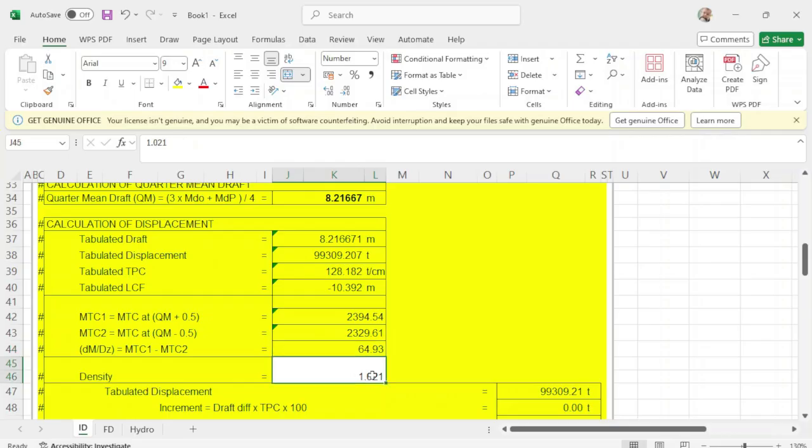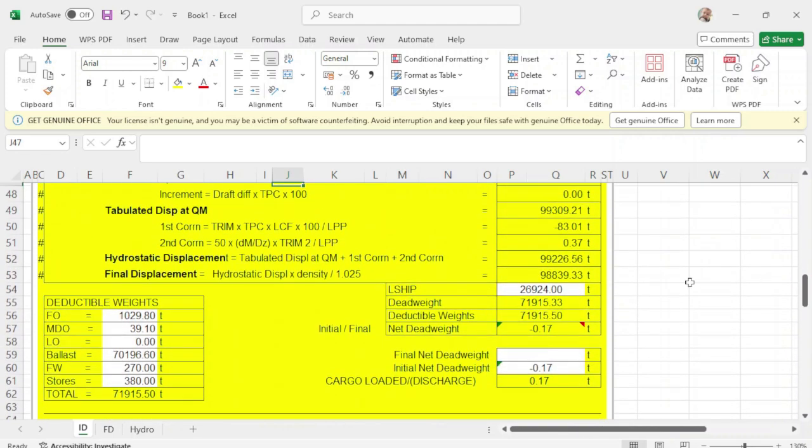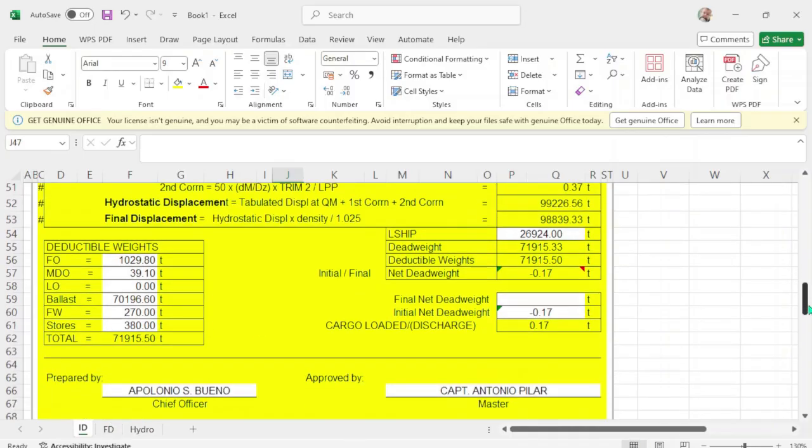Okay, now this is manual. Put your density of, let's say, 1.021. Okay, then you put your remaining onboards. For example, this is your remaining onboards. You put it in, and this will be your initial draft.